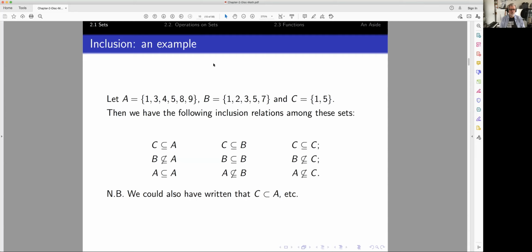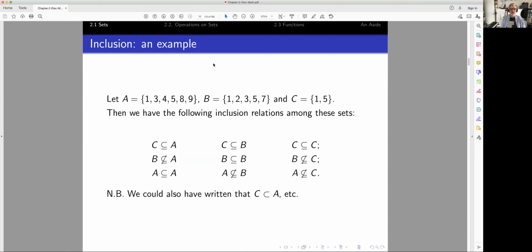So C is a subset of A. What does that mean? Well, you look at the elements in C, it's 1 and 5. Are they in A? Yes. So C is a subset of A. You can check that C is a subset of B. Obviously, C is a subset of C. Every set is a subset of itself by definition. B is not a subset of A. How do I check that?